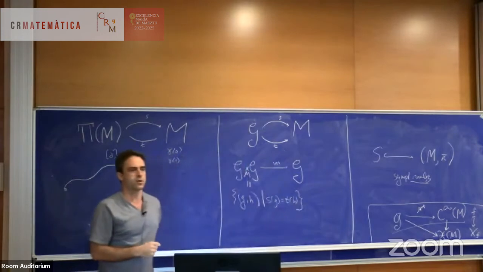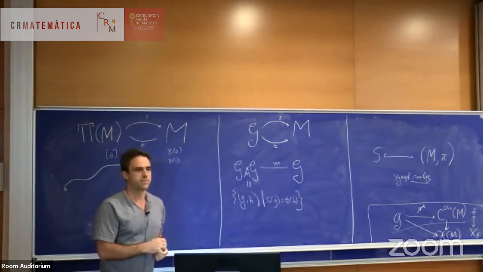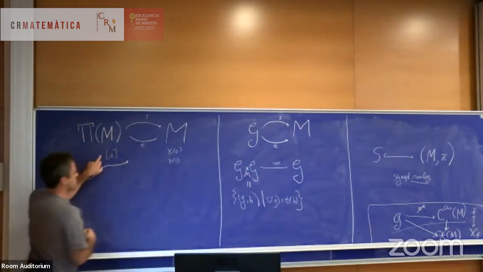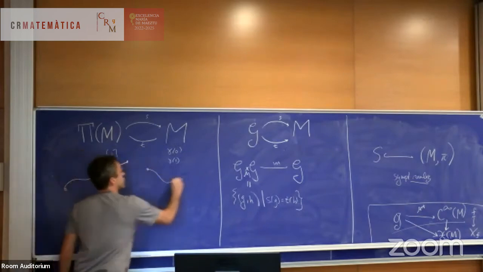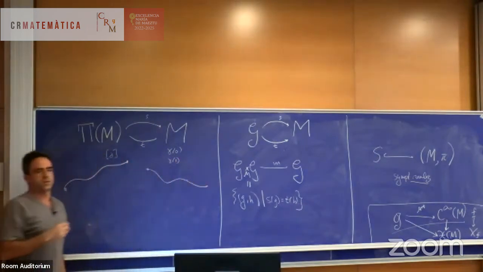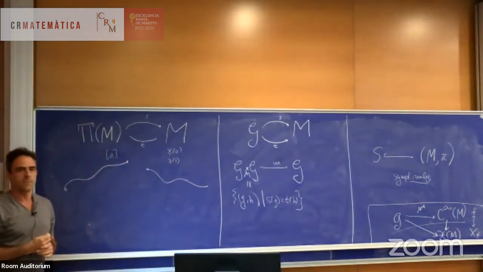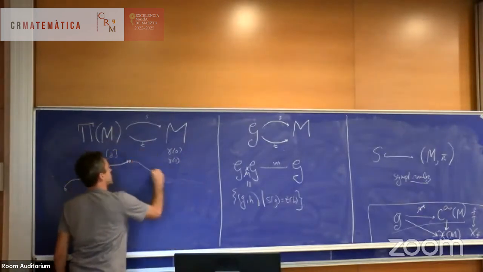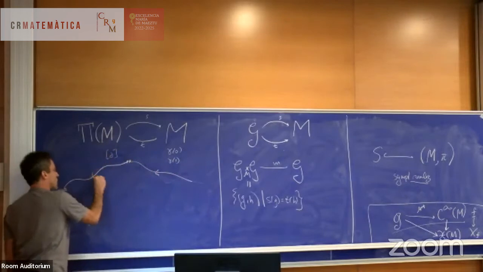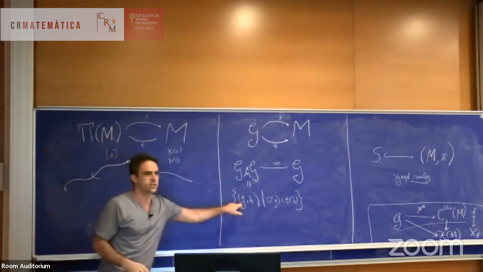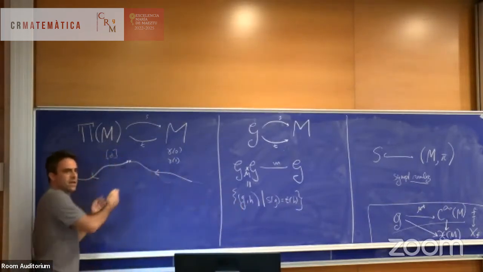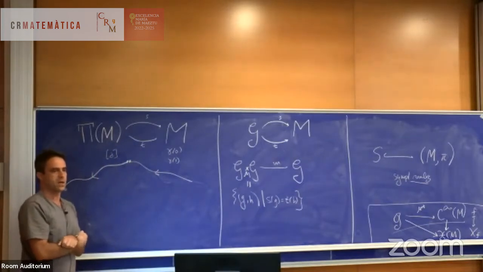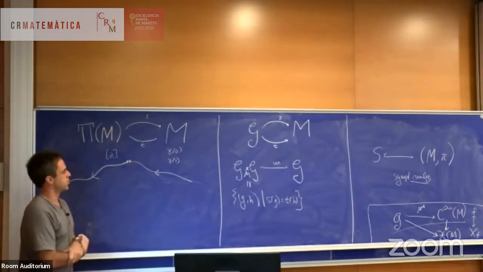And that's where your product is defined. So in this case, if I only give you 2 curves, there's not much you can do with them. Now, if it so happens that one curve ends where the other one starts, which is exactly this condition, then you can concatenate them. And that's an operation, like this group-like operation.